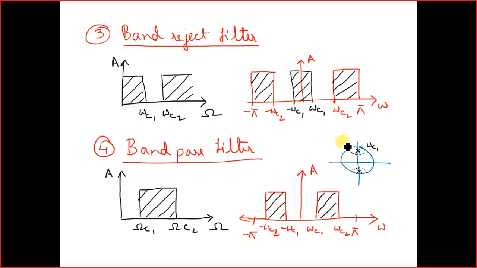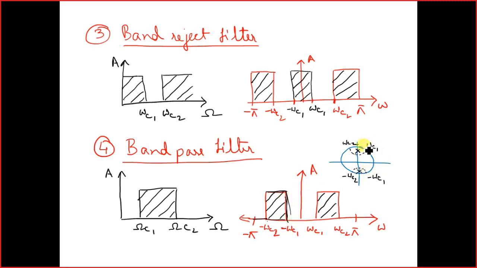Omega C1, omega C2, this is minus omega C2, minus omega C1. So if you take it from minus pi to minus of omega C2, it is 0. The pole is not having its effect. Then from minus of omega C2 to minus of omega C1, the pole is having its maximum effect. So it is having its maximum effect in this region.